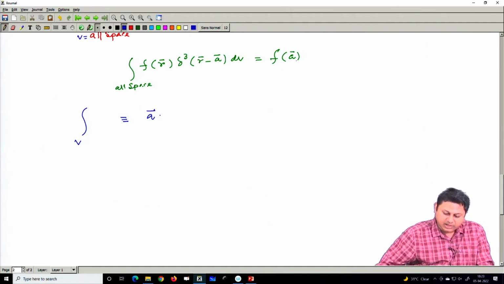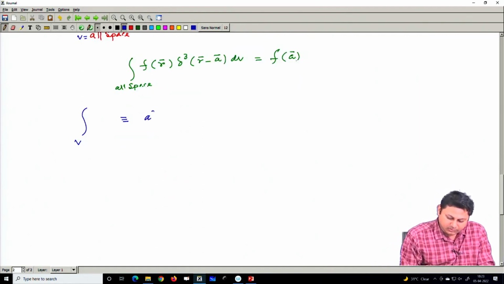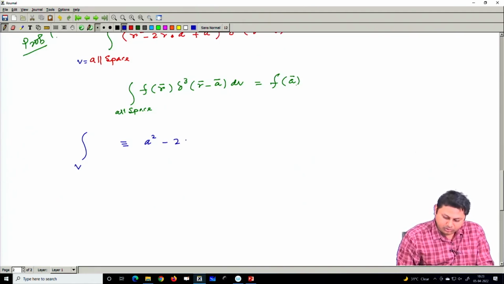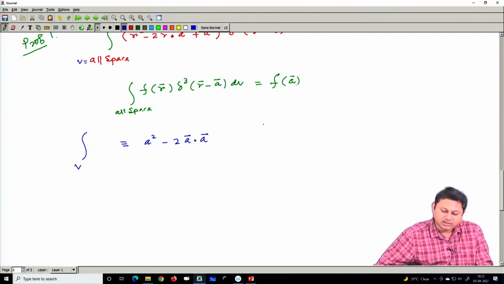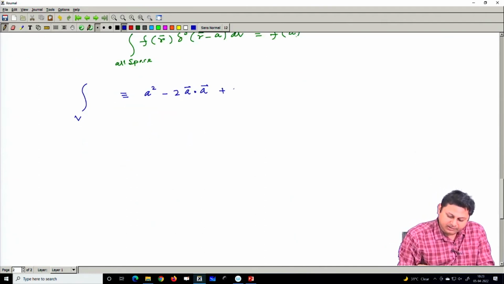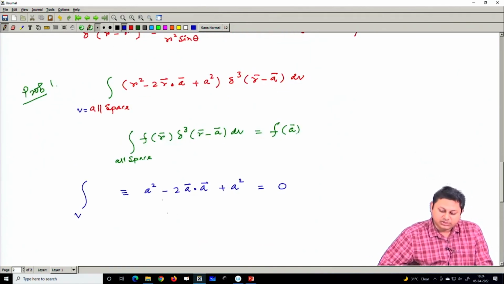So, we have r square here, so it should be simply a square, then minus 2 vector a dot vector a, because there it was vector r dot vector a, I just replaced r with a, and then plus a square. So, this quantity is simply 0. So, this integral should be 0 when we calculate it for all space.